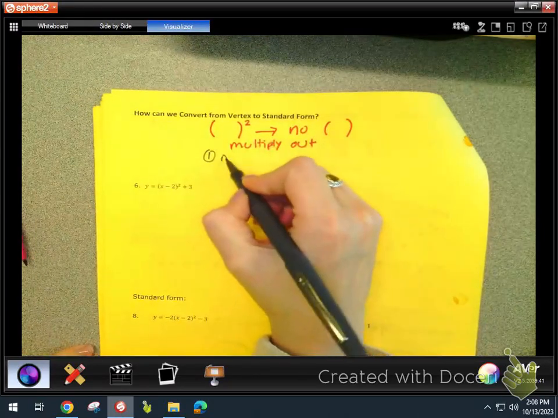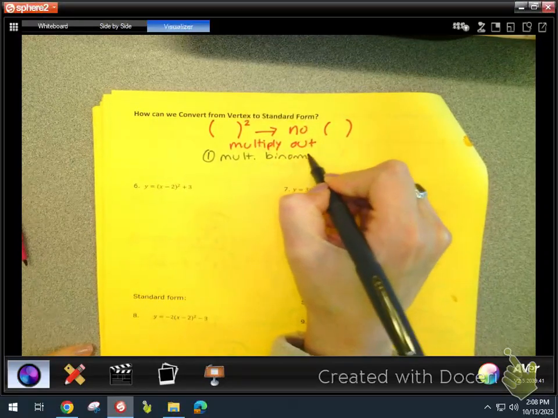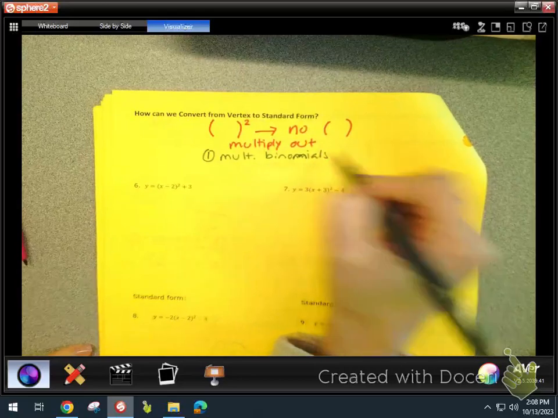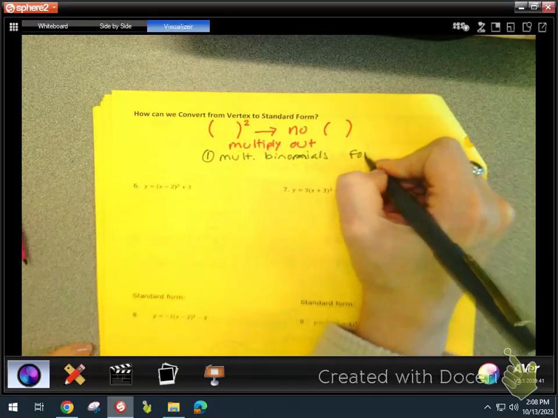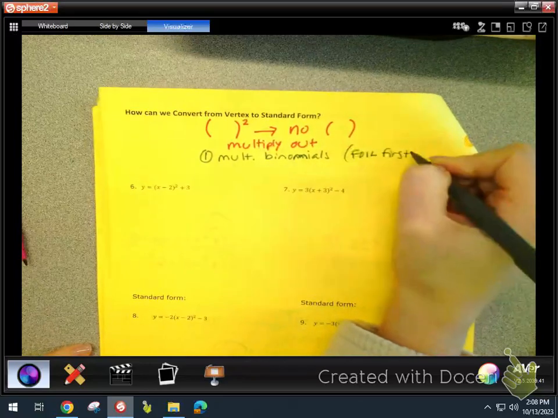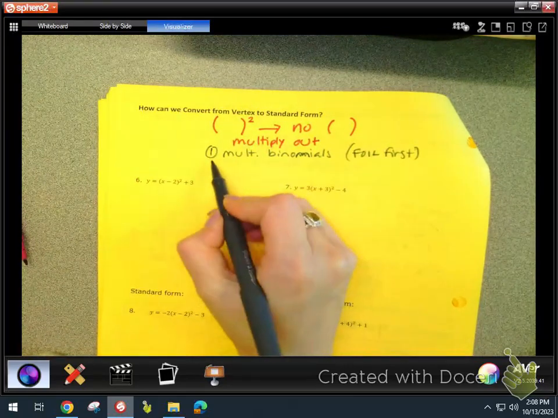So step 1 is to multiply the binomials. Binomials first. FOIL first. It's probably going to help if you write them side by side and actually recognize that it's a binomial times itself. So take care of that exponent first.